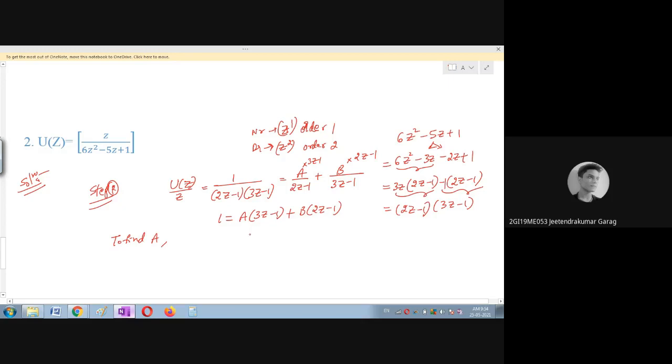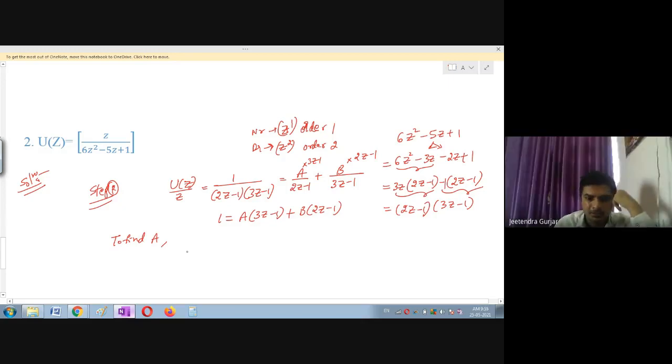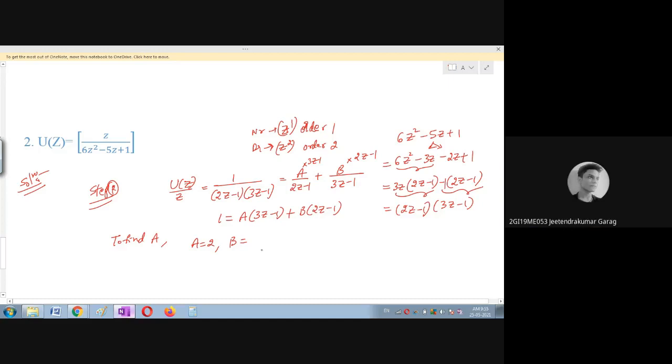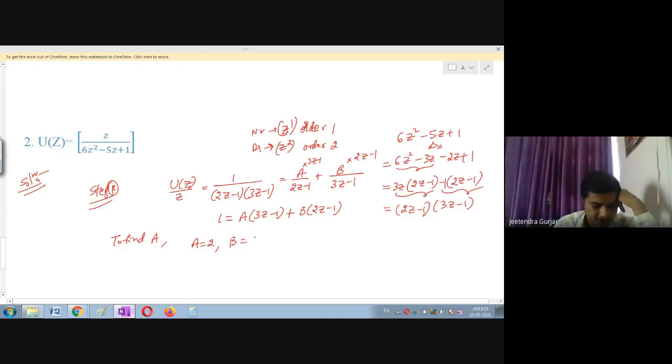A is 2. A is 2, very good. Please tell me what is B now. B is 3. Very good. So B is 3. Please check once again. Everyone must get the same answer.